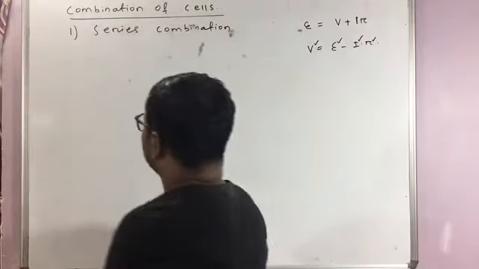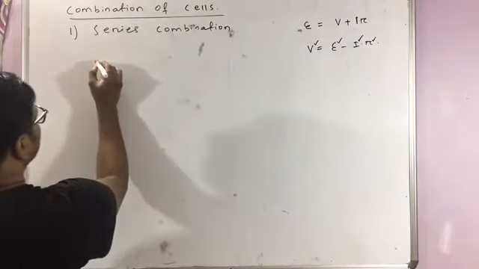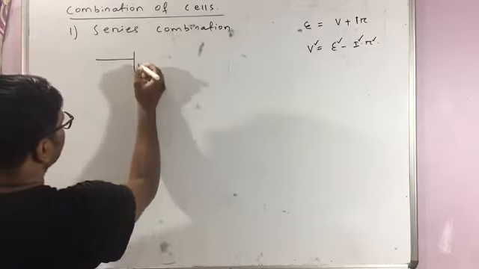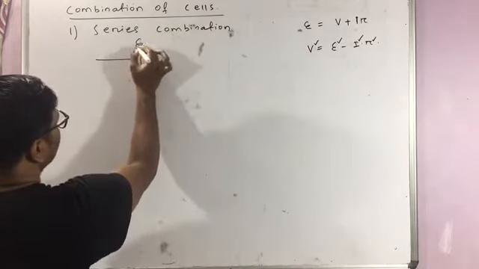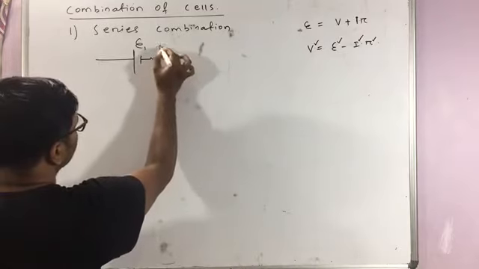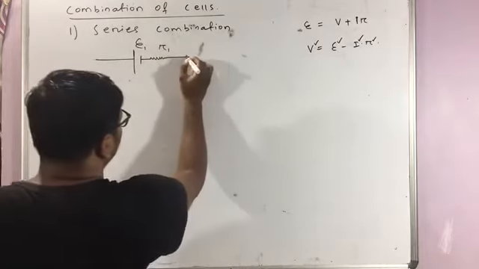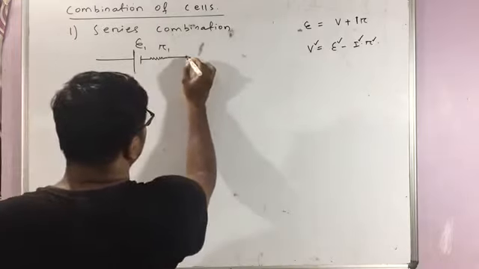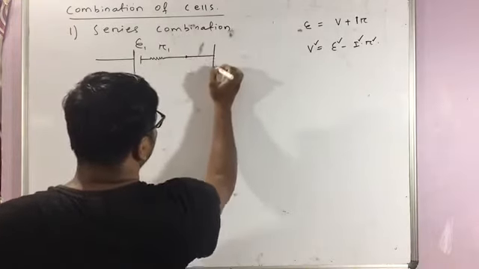For the series combination, suppose there are two cells, one cell whose EMF is E1 and whose internal resistance I am taking here, it will be R1. It is in series with another one.